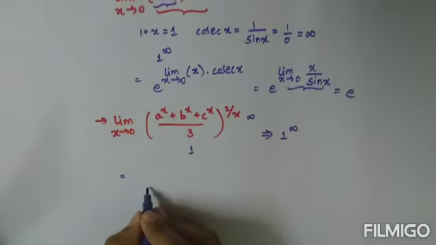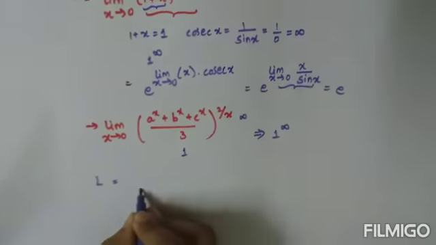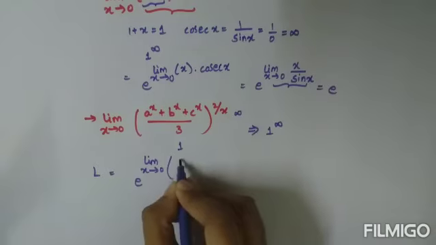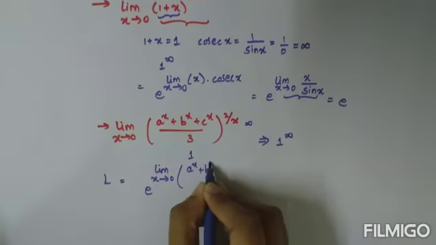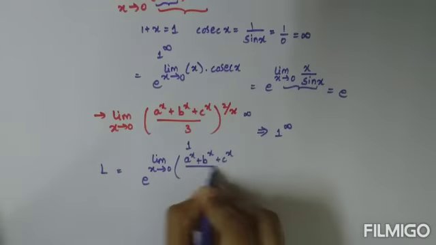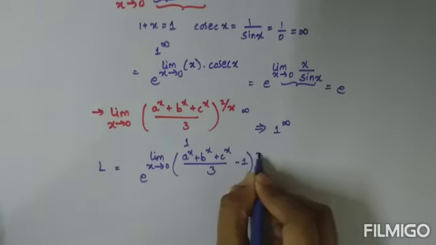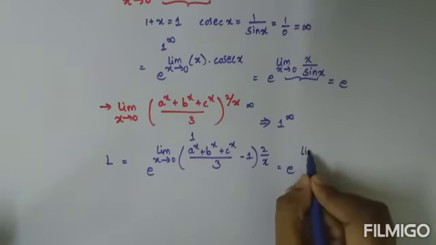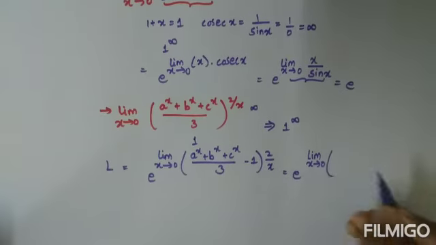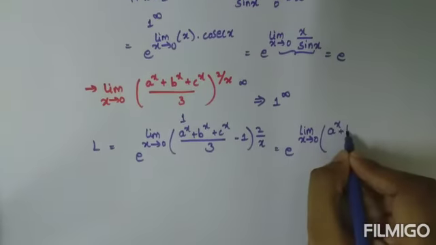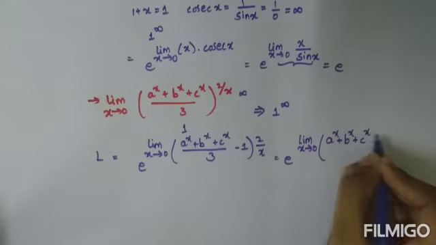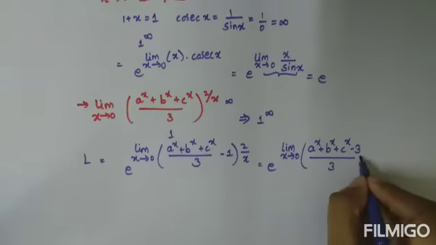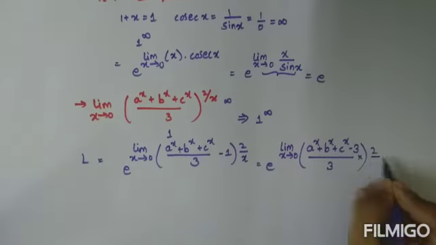So we further write this as the limit L is equal to e power limit x tends to 0 of a power x plus b power x plus c power x by 3 minus 1, into 2 by x. We can write this as e power limit x tends to 0 of a power x plus b power x plus c power x minus 3 by 3, into 2 by x.